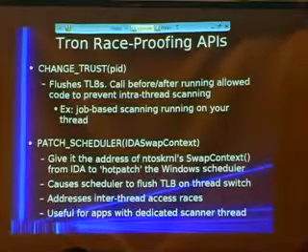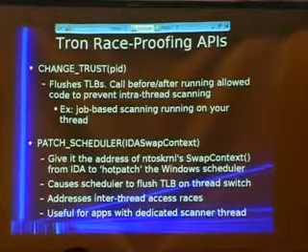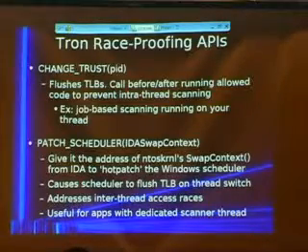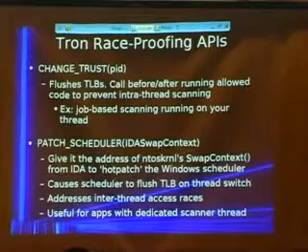Also, there's the issue of inter-thread scanning as opposed to intra-thread scanning, where you could have a dedicated scanner thread. And as I mentioned earlier, context switches between threads do not flush TLBs, so you need to do something about that. So basically, this API is provided.